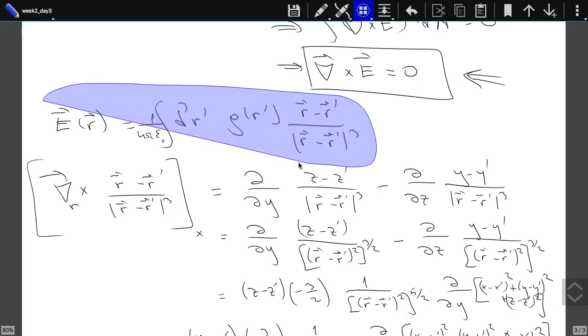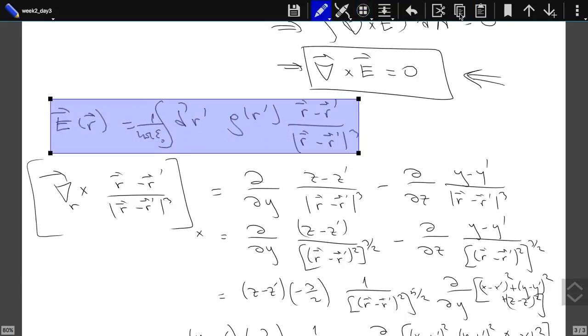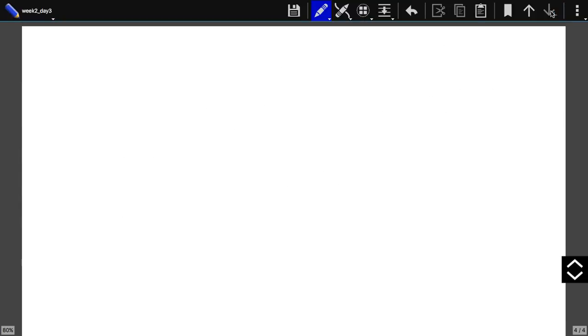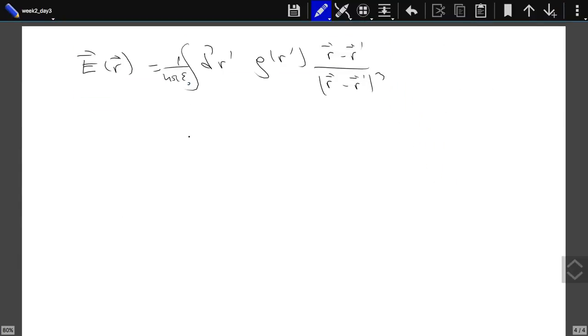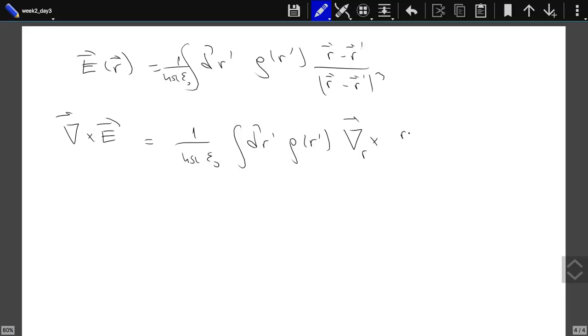So if we start from this one, if you take the curl of that electric field, this will be equal to 1 over 4 pi epsilon 0 integral d cubed r prime rho of r prime, curl with respect to r of (r minus r prime) divided by |r minus r prime| cubed. This is 0.